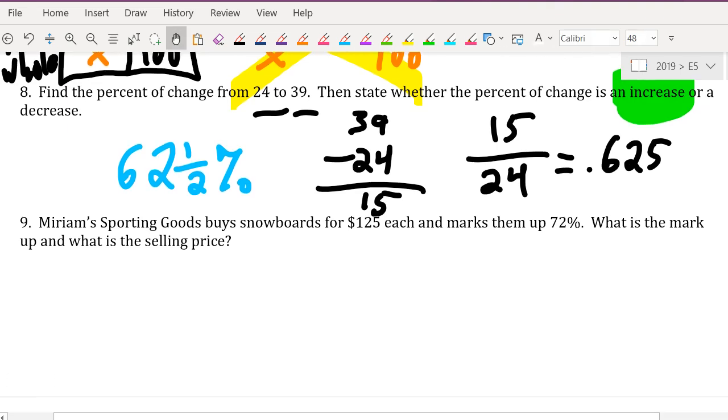Miriam Sporting Goods buys snowboards for $125 each, but they want to make money, so they mark it up. You want to try this problem, Miriam? No? All right.